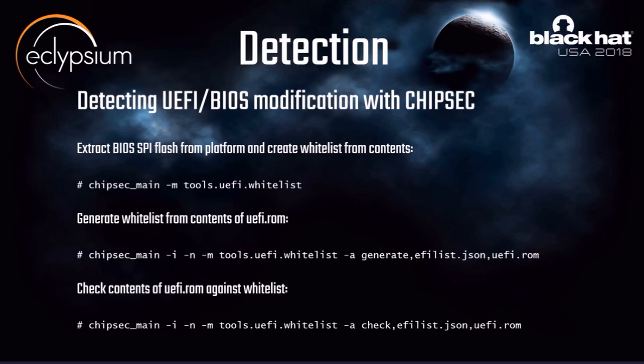But there's also some built-in functionality that's been added to chipsec to be able to extract the SPI image from the running system and then check it against a whitelist that you've built previously.